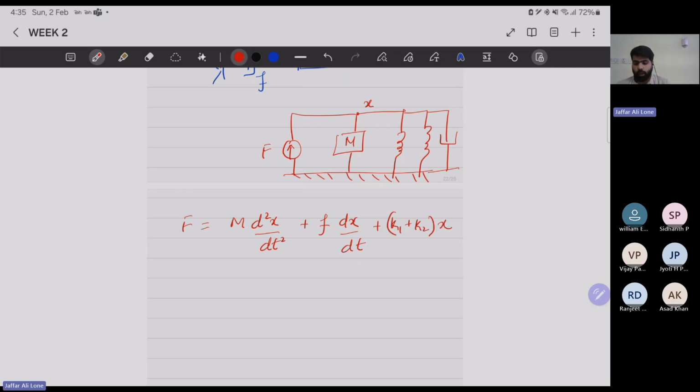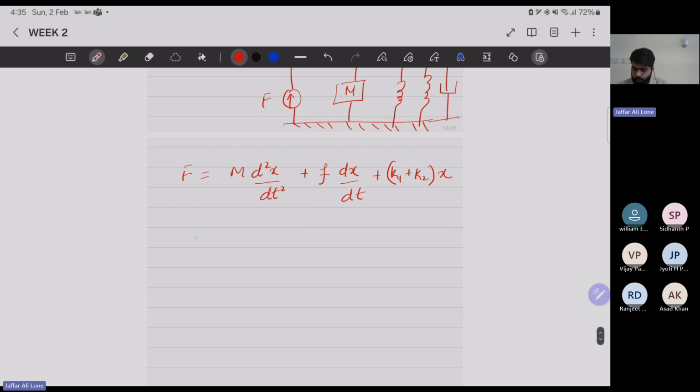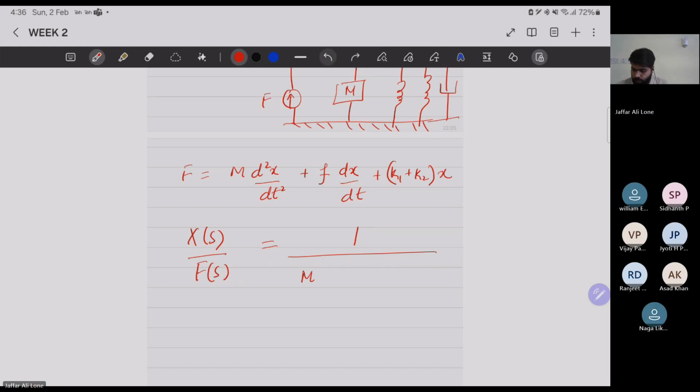Now, if we have to find the transfer function of this system, X(s) over F(s), what will it be? Very simple. Again, the same thing. 1 over M s square plus f s plus k1 plus k2. So are things clear?